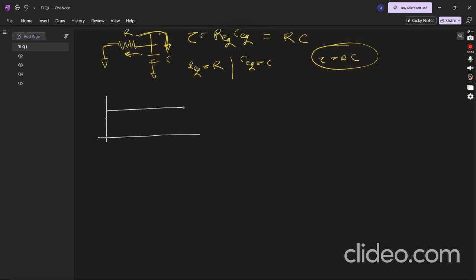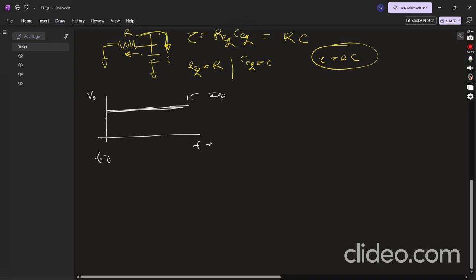So this is the input step response, with t equal to 0 on the time axis, V out, and this is V input. Now we have to draw the waveform.